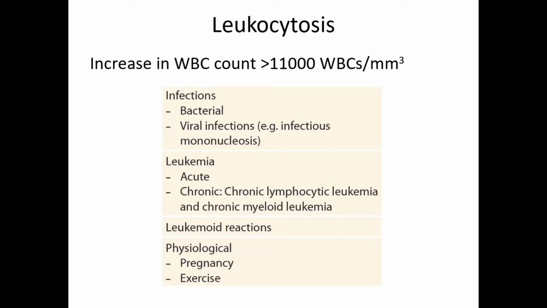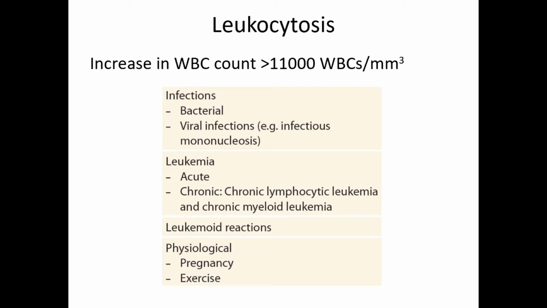Mostly this is true for the causes of leukocytosis and neutrophilia, because neutrophils comprise 40 to 70%. That is why an increase in neutrophils will most of the times give rise to increase in total WBC count.